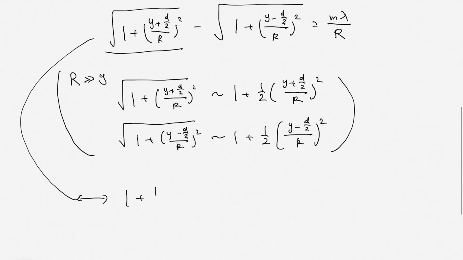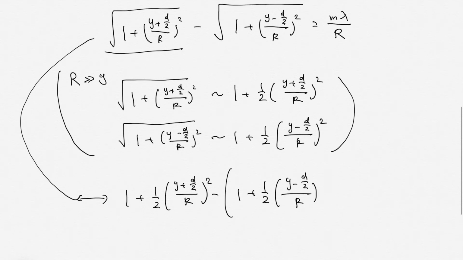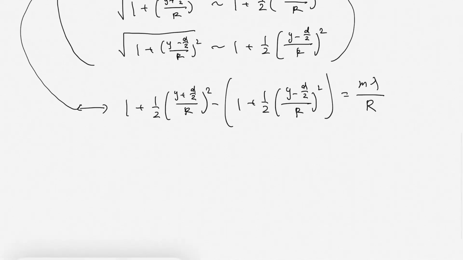1 plus 1 over 2 times (y plus d over 2) over capital R squared, minus 1 plus 1 over 2 times (y minus d over 2) over capital R squared, equal to m lambda over capital R. I have this equation. Then the 1 is going to be cancelled out, and most of the parts are cancelled out except the cross terms.